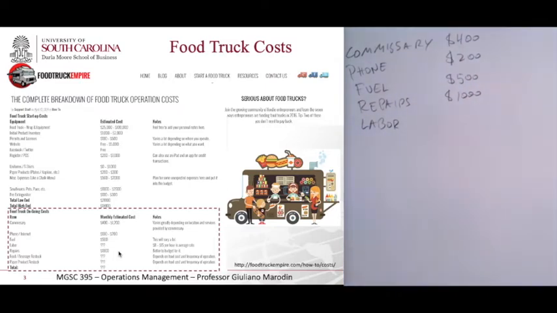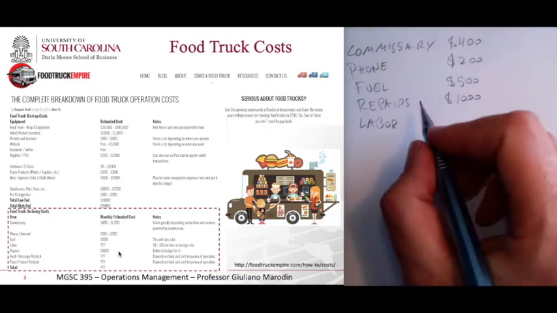Labor is a little bit more tricky to calculate. Usually labor is paid by the hour. Do you know what the minimum wage is? We have a national minimum wage, which is $7.50 per hour, and some states have a state minimum wage, but South Carolina doesn't.